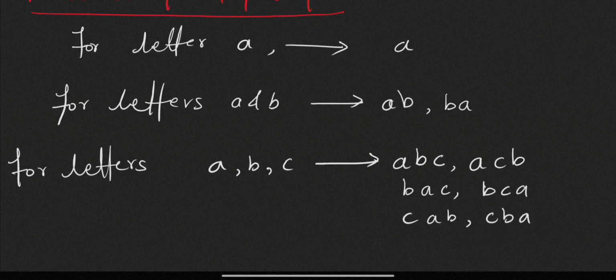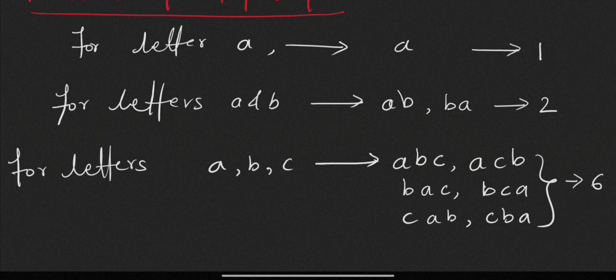So when you observe here, when I am arranging only one letter, we get only one arrangement, and for arranging two letters the number of arrangements is 2, and for arrangement of three letters we have 6 arrangements.